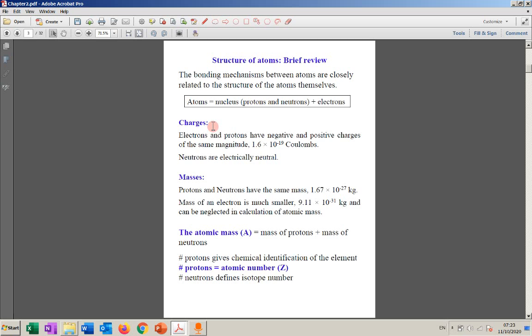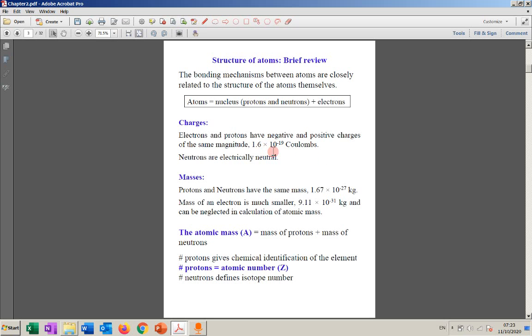Regarding charges, we know that electrons and protons have negative and positive charges of the same magnitude, and neutrons are basically neutral. Electrons are negative, protons are positive, and neutrons are electrically neutral. The charge is 1.6 × 10^-19 coulombs. This is the magnitude of the charge that they have.